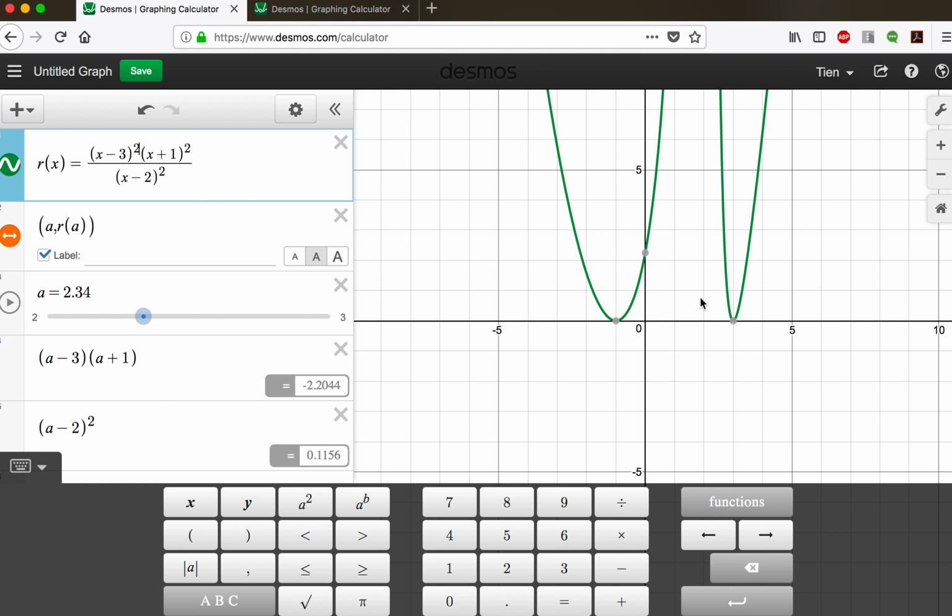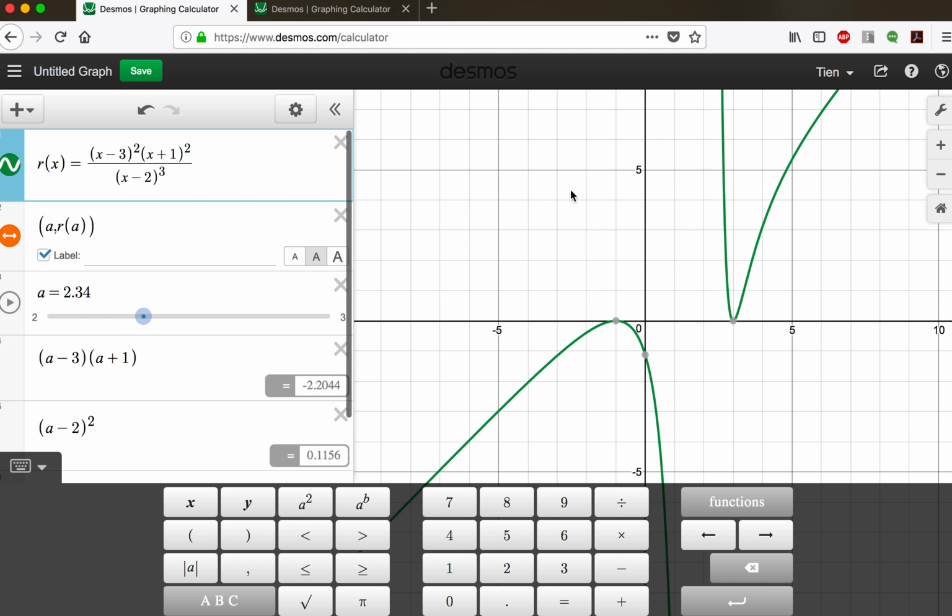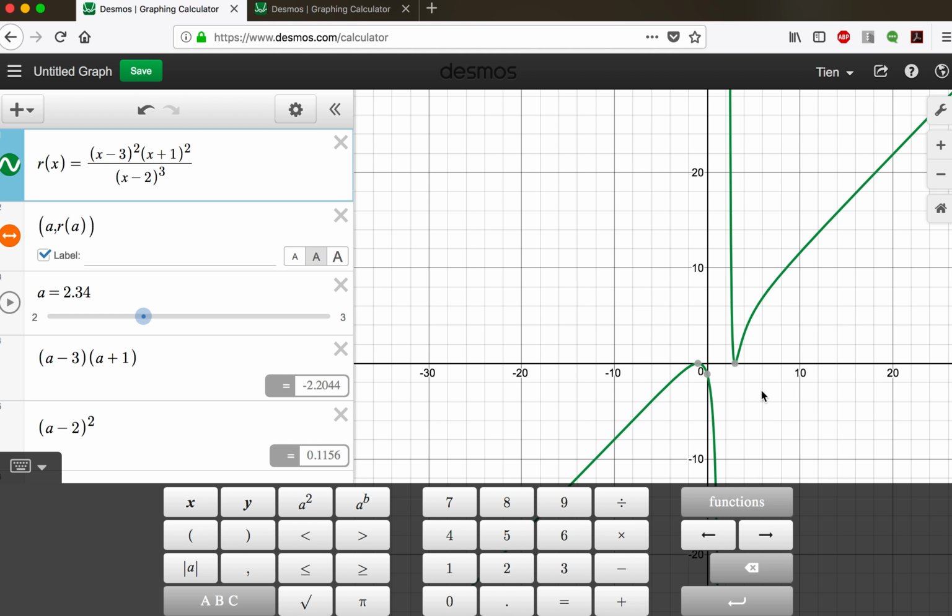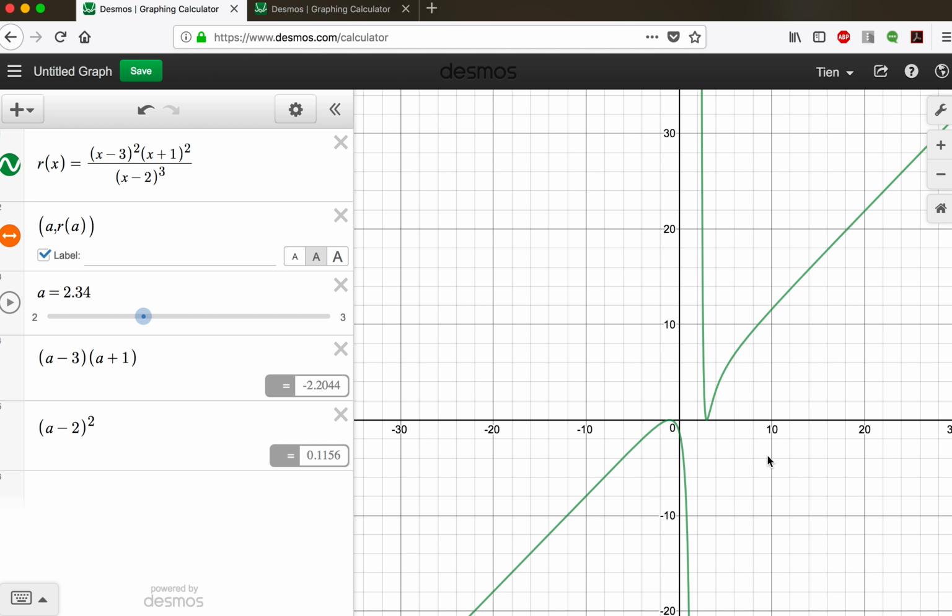And with my asymptote at 2, if I made this a cubed, then it bounces here, right? Because they're still supposed to bounce. And this thing changes sign. So the bouncing and the crossings really all behave the same as they did with polynomials, except that instead of having a 0 when your denominator is 0, you're having an asymptote with these infinity limits instead.